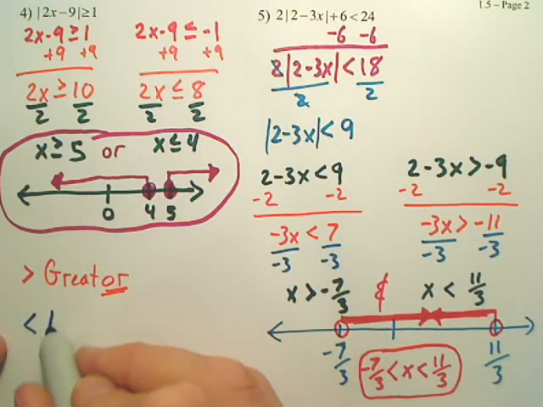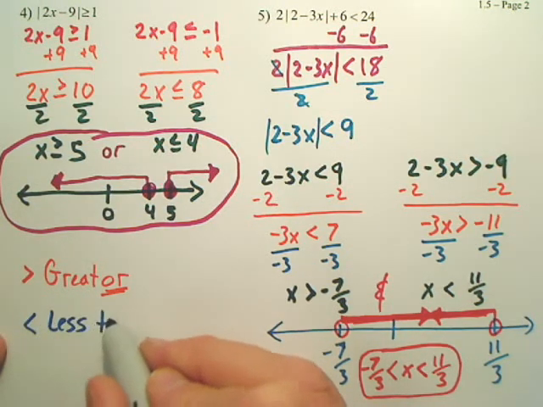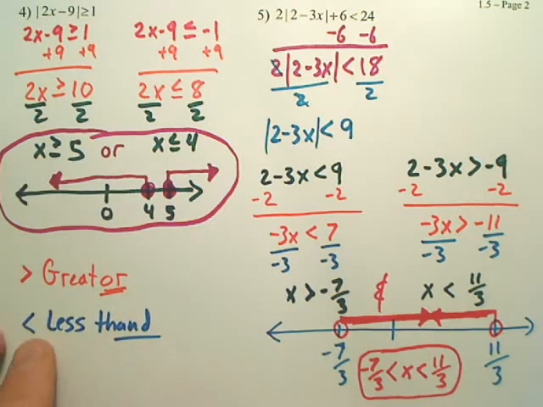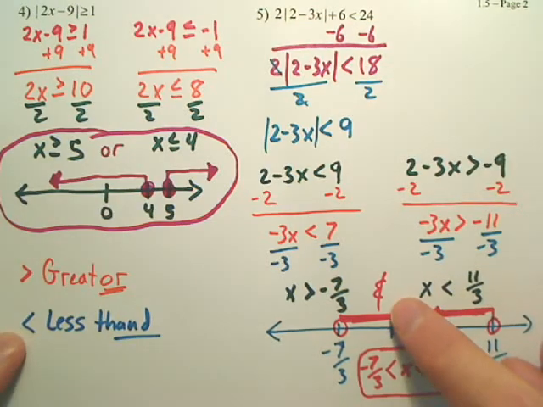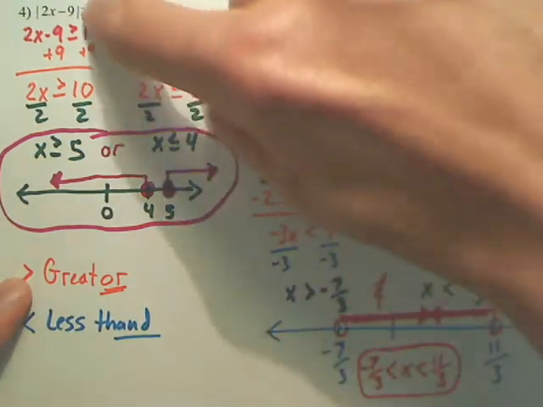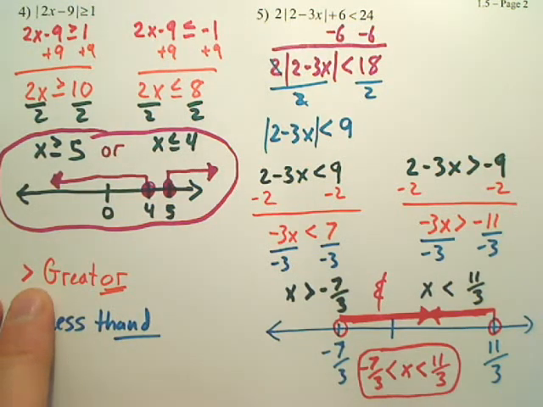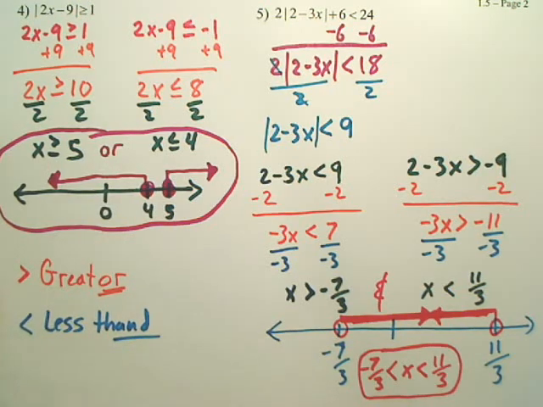This is a less than. Less than and greater or. Greaters are always OR, less thans are always ANDs. It's the easiest way right off the bat to tell if it's an AND or an OR. Awesome. Very short, helps out a lot.